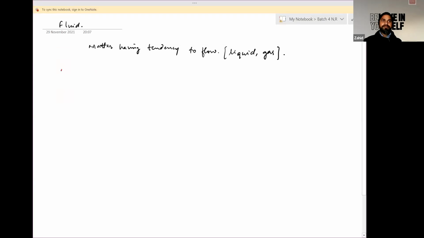First, about density. Density is a ratio of mass of substance and volume. Mass is measured in terms of kilogram and volume is meter cube. So SI unit is kg per meter cube.